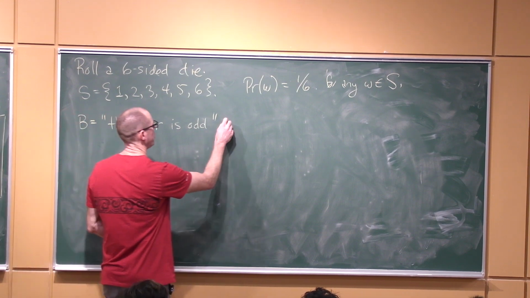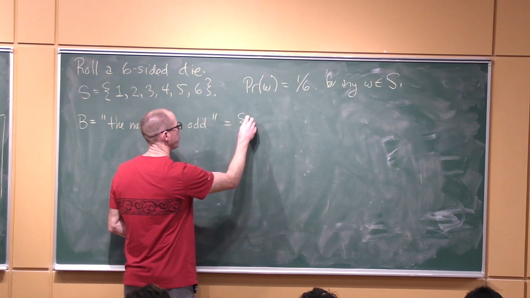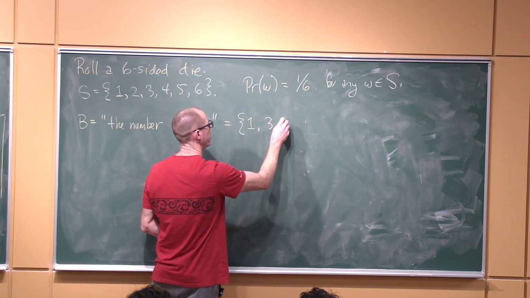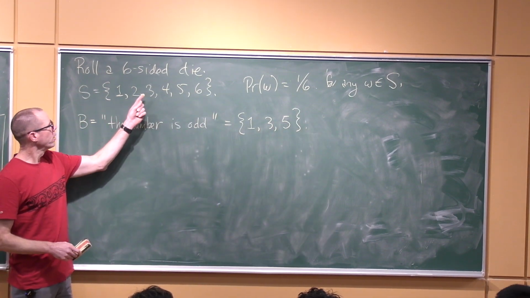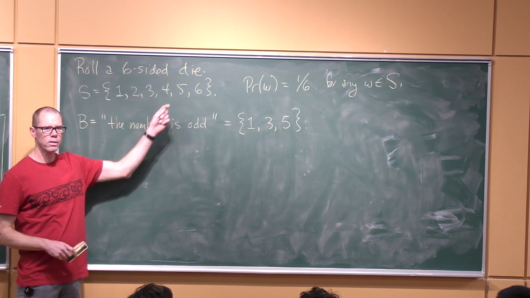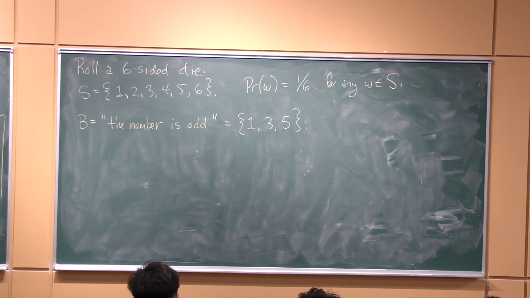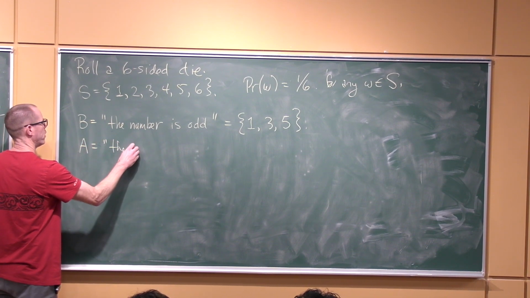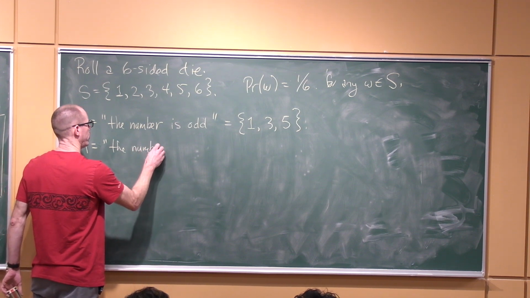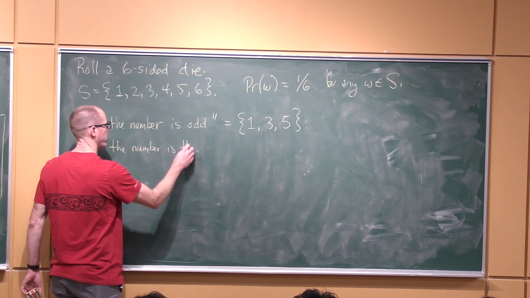Described as a set, that means the number is 1, 3, or 5. It's the odd things in this set. Okay? And let's say A is the event: the number is 3.